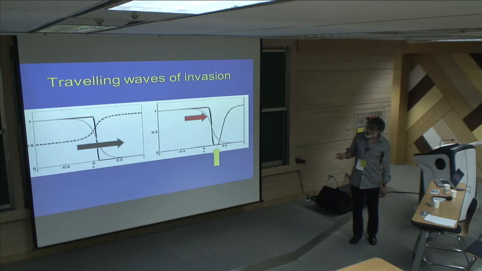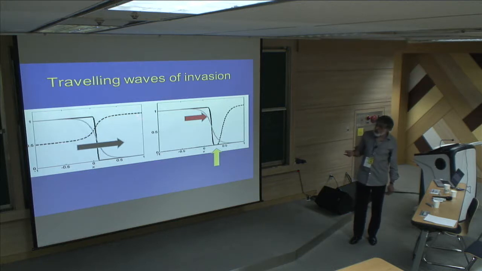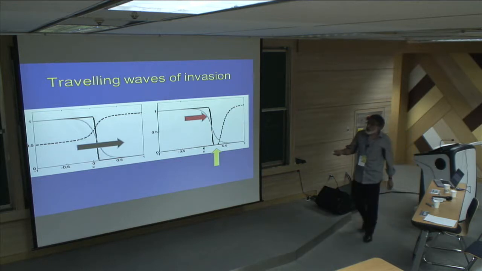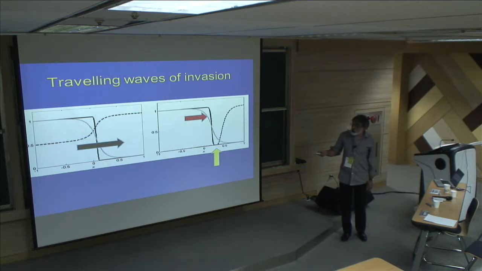Here are the tumor cells, here are the normal cells. So you see here is coexistence; far behind the wave, and far ahead of the wave, everything's normal because the tumor hasn't reached there yet. And then here is the acid profile, and this is moving in this direction.